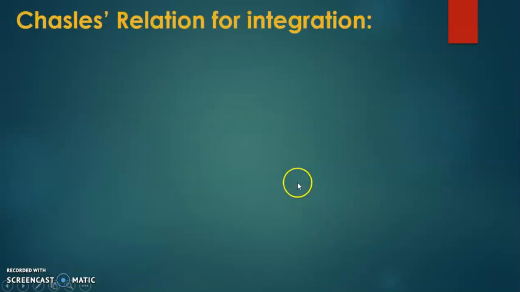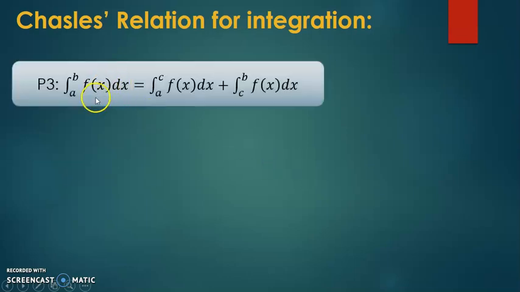Now the third property, which is the chasles relation for integration. When you have the integral from a to b of f of x dx, it's equal to the integral from a to c of f of x dx plus the integral from c to b of f of x dx. So as if you inserted the number c between a and b.